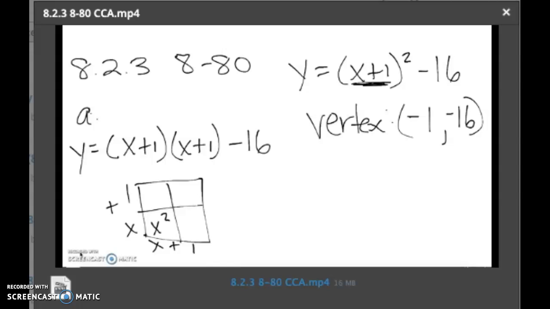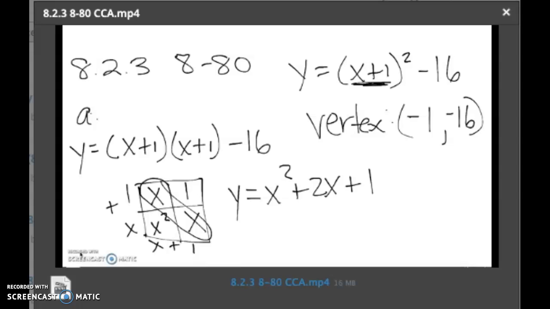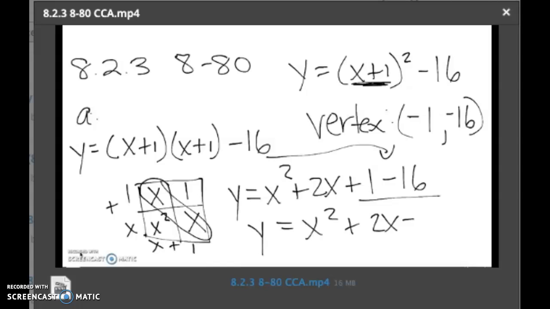I get an x squared here. x times 1 gives me an x here, same thing here, and 1 times 1 gives me a 1 in the top right-hand corner. So writing that out, I have an x squared, x plus x gives me 2x when I combine these, and then I have that 1. And I have to remember to bring the minus 16 down as well. Combining like terms, I get y equals x squared plus 2x minus 15.